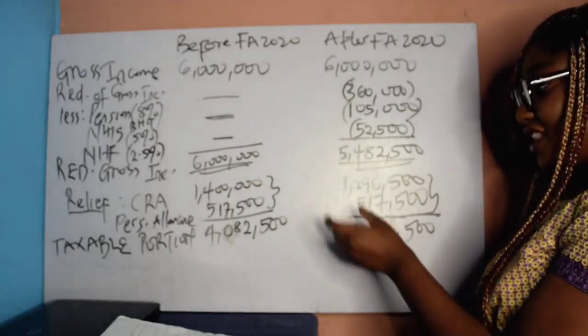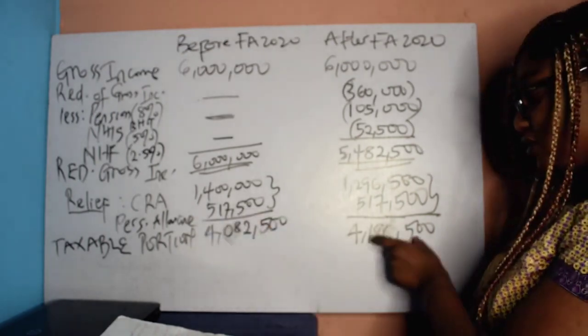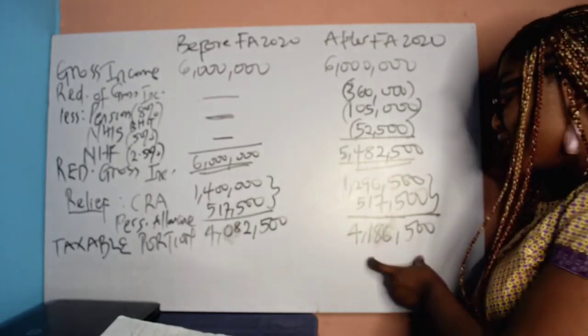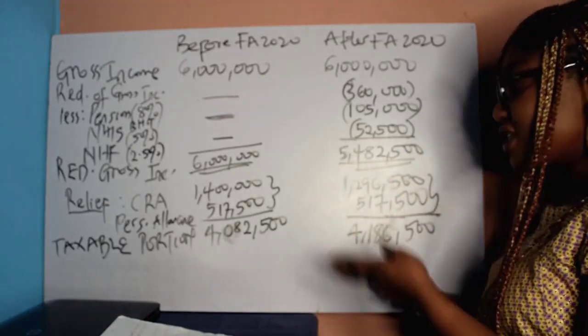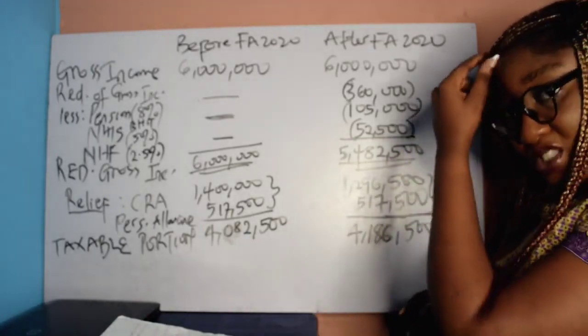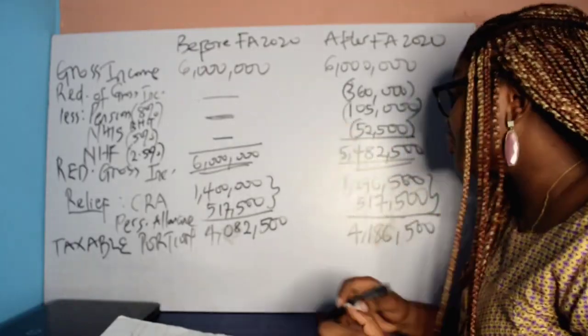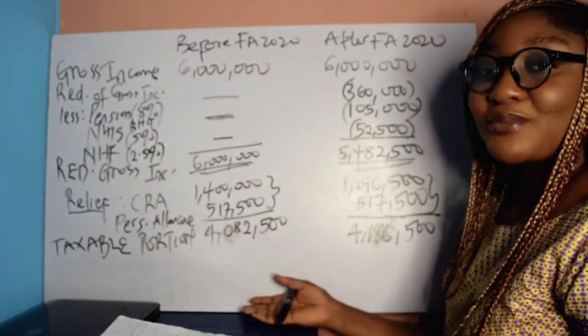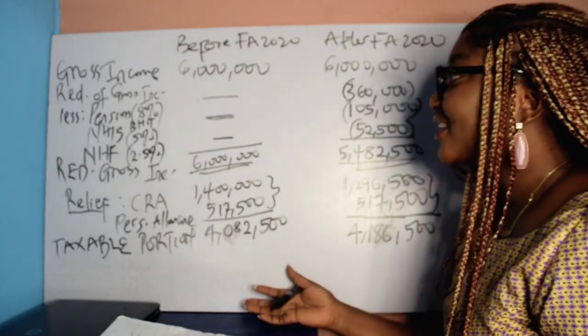Okay, so it means that if they now apply the tax rate on this, it's going to be higher. Do you understand? I feel like we can even just stop here, but let's now try to apply the tax rates, 7%, all those long process. My board space has finished, but I think it's a long process.